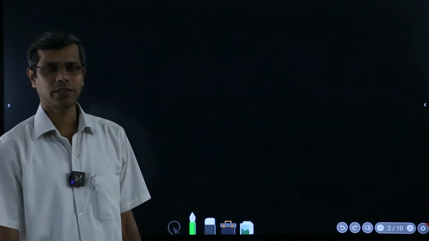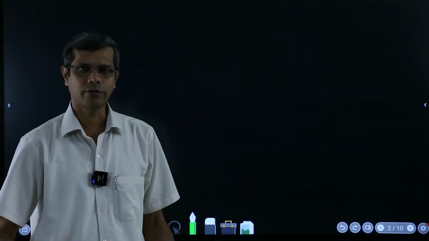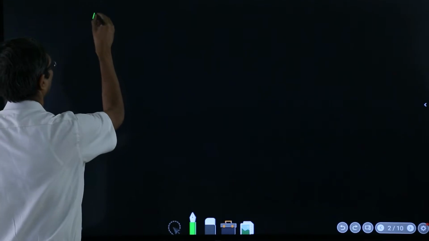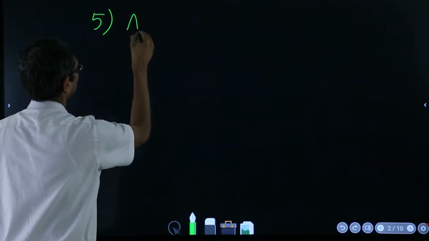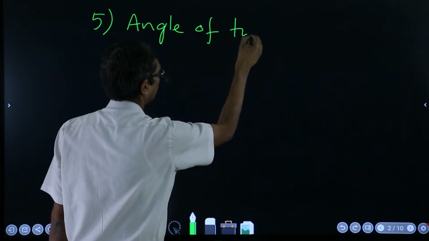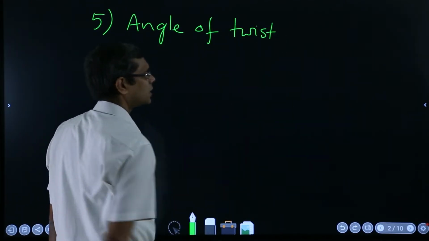Now the next discussion which we will have in this segment is about the angle of twist. So I'll say the fifth point is on angle of twist.